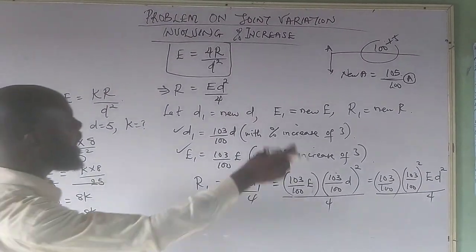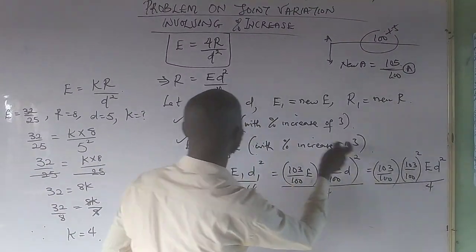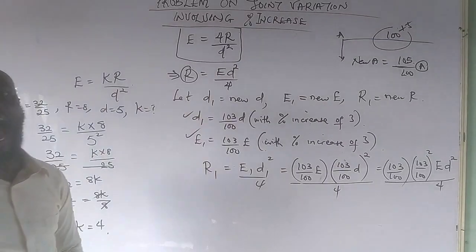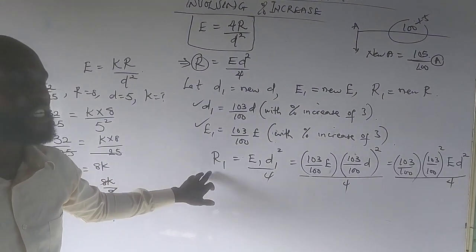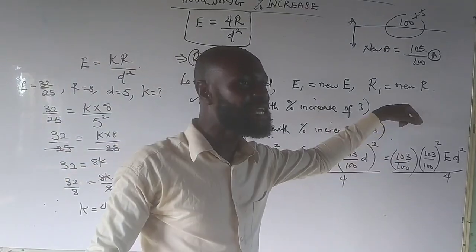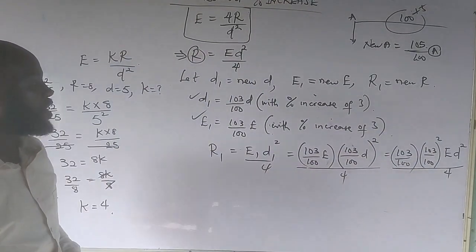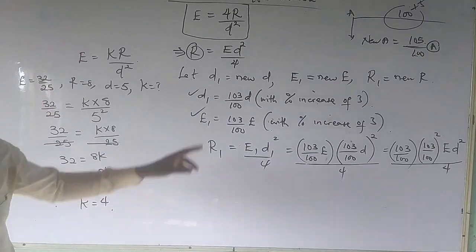So we replace ED squared divided by 4 by R. That means the new value of R, R1, is dependent on the old value of R.